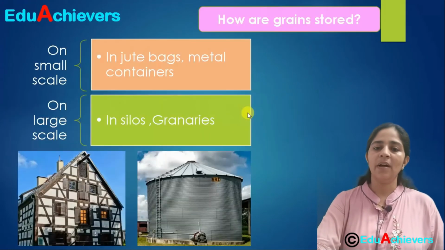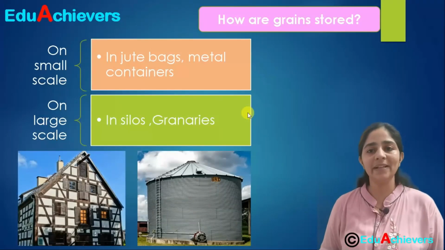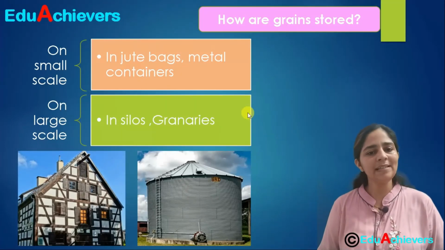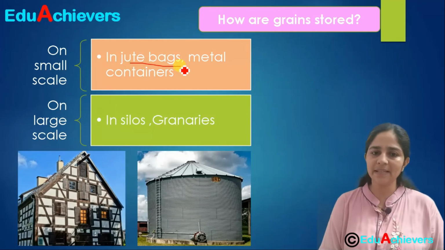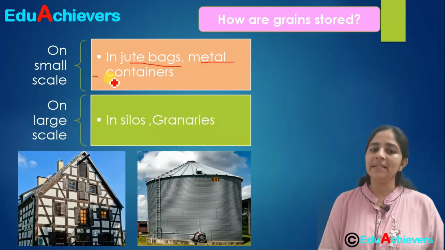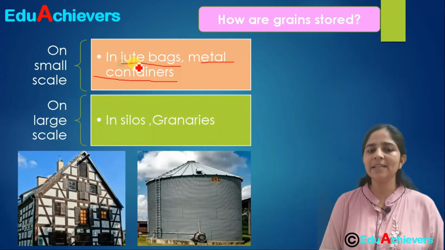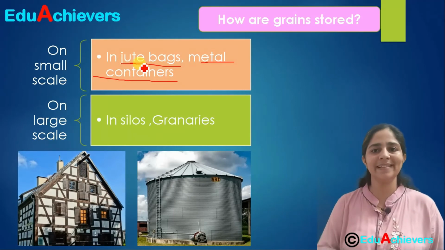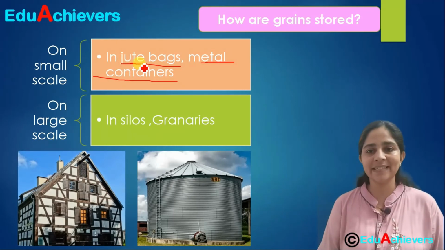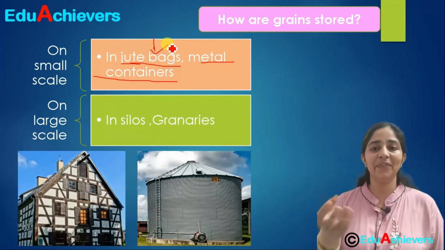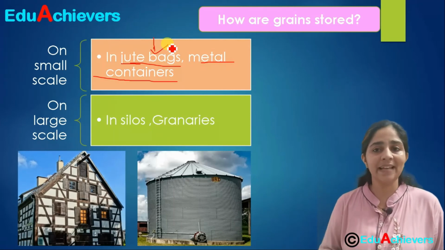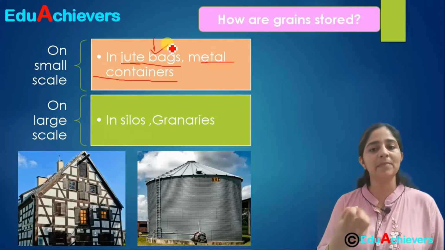Fine. Now, the next thing is, how are grains stored? On a smaller scale, if a farmer has to store for himself, he can store in jute bags. He can store in metal containers. For the jute bags, you have to use them before the rainy season comes again, because when the moisture content increases, the seeds stored inside jute bags can get attacked by fungus, or some insects can grow again, because the seeds will absorb moisture.